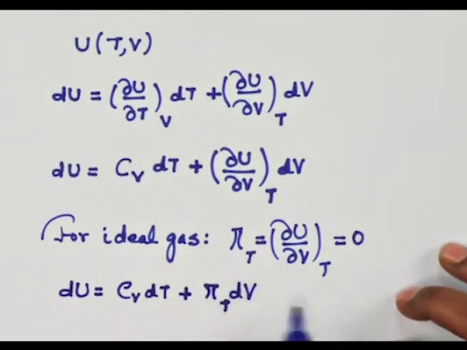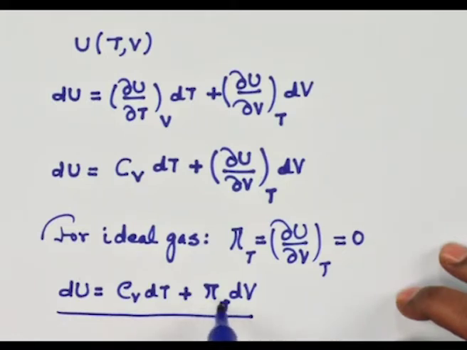And if there are deviations from ideality, then this derivative will not be equal to 0. So, deviations from ideality will be captured into this and dU will be automatically adjusted here. So, according to this equation, dU is equal to Cv dT when volume is held constant, and dU is equal to Cv dT can always be used when π_T is equal to 0.